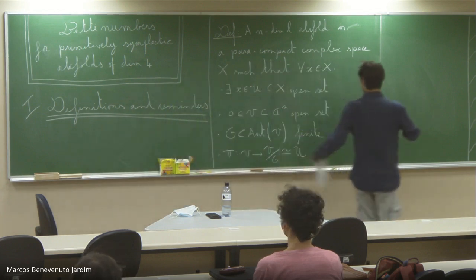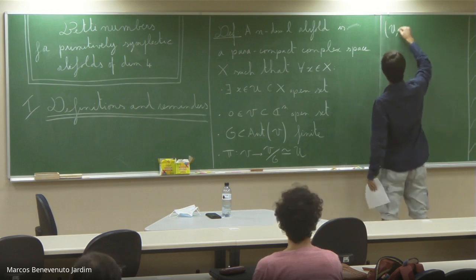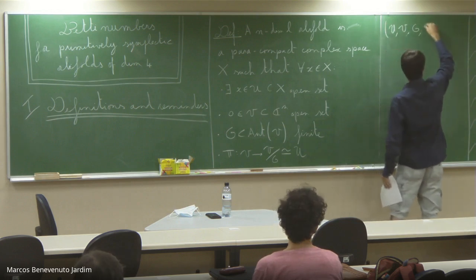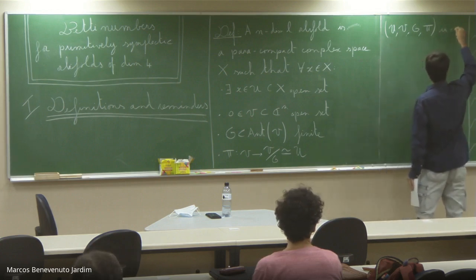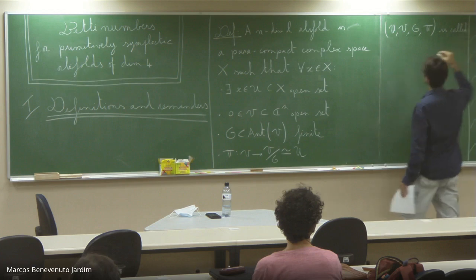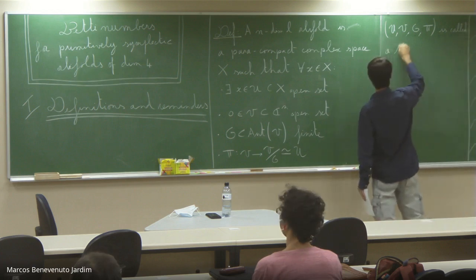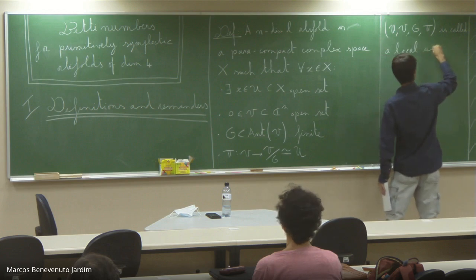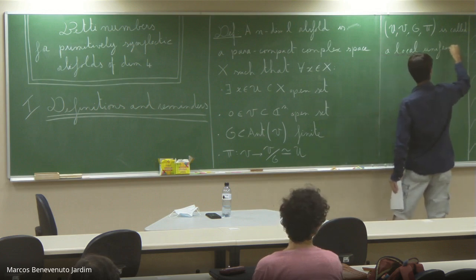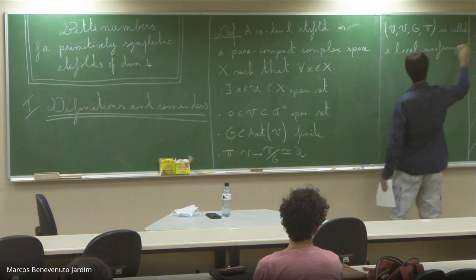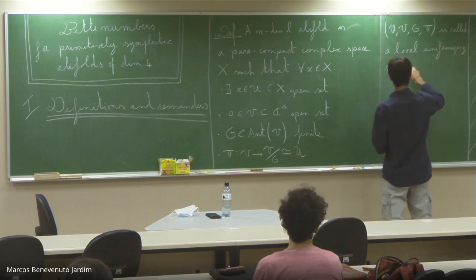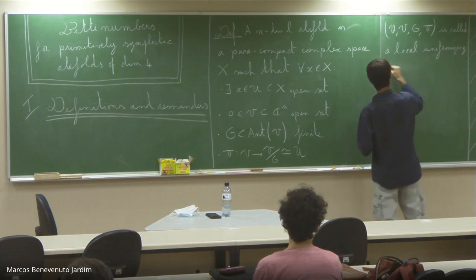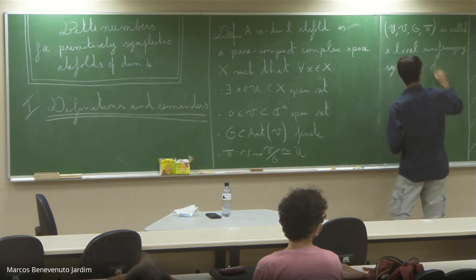Okay, and this data, so U, V, G and pi, this quadruple is called a local uniformizing system of x.